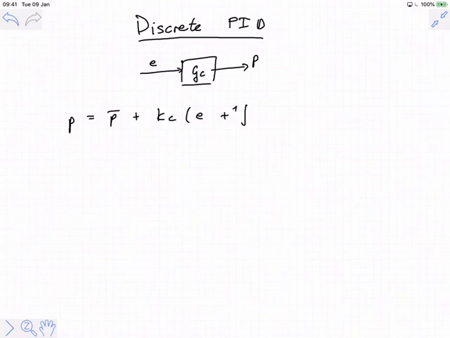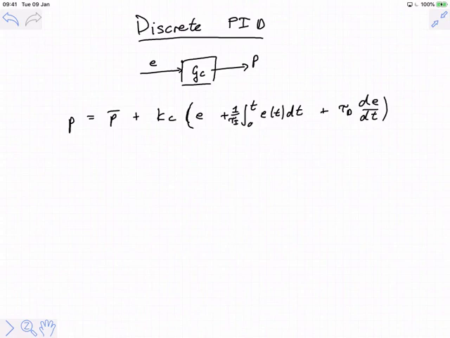We have 1 over tau I times the integral of the error. And theoretically, we have tau d times the derivative of the error. So that's the analog time domain PID controller.